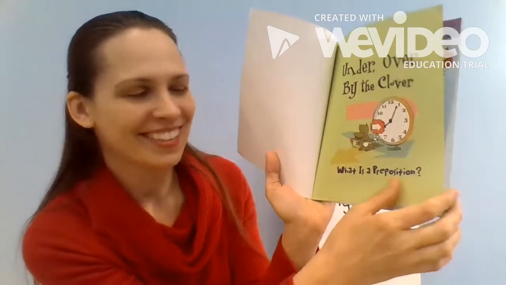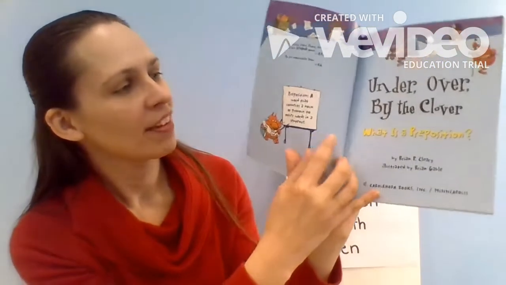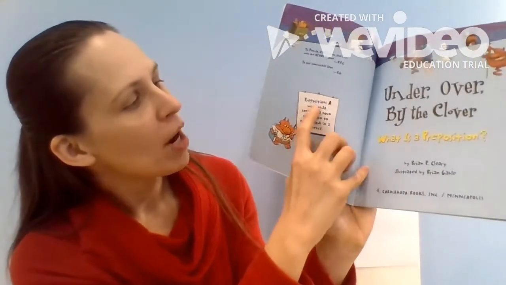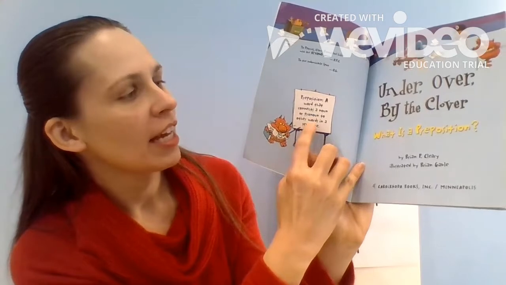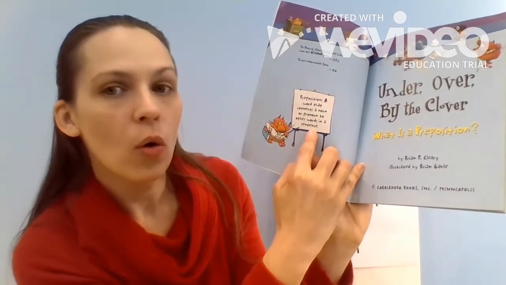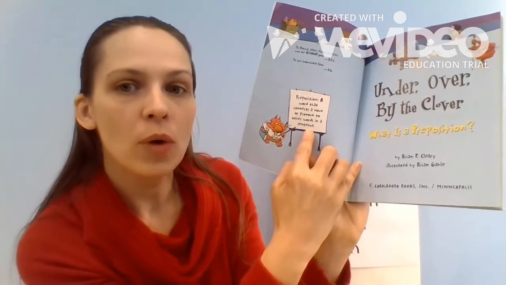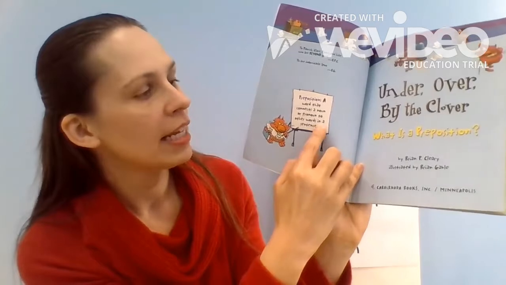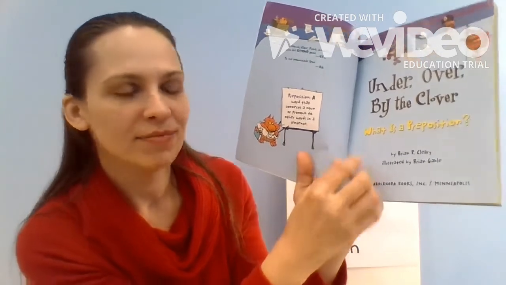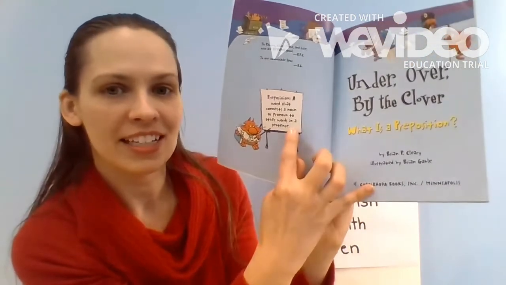Under, over, by the clover. What is a preposition? A word that connects a noun or pronoun to other words in a sentence. So that's what a preposition is.